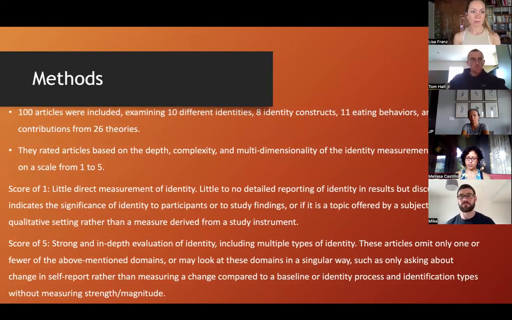So in the scoping review, they included 100 articles examining 10 different identities, 8 identity constructs, 11 eating behaviors, and construct contributions from 26 theories.